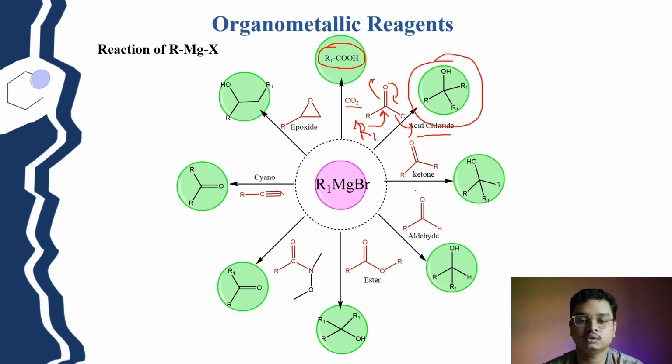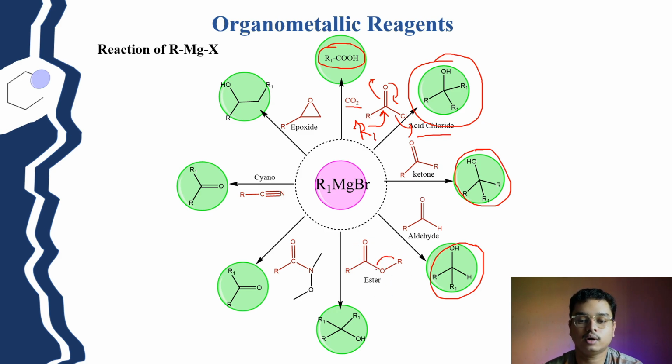Similarly, for the ketone, 1 equivalent of Grignard reagent reacts to generate this type of tertiary alcohol. For the case of aldehyde, it will generate a secondary alcohol and here also 1 equivalent of Grignard reagent is used. In ester, 2 equivalents of Grignard reagent are used to completely react with 1 equivalent of ester.